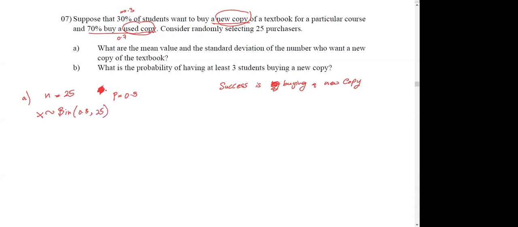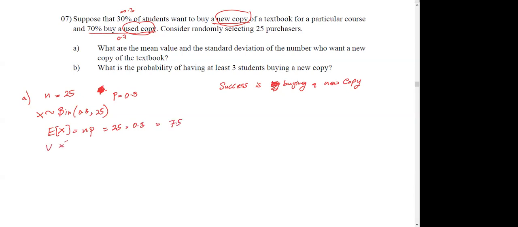The expected value of this distribution is n times p. Your n is 25 times p is 0.3, so this becomes 7.5.